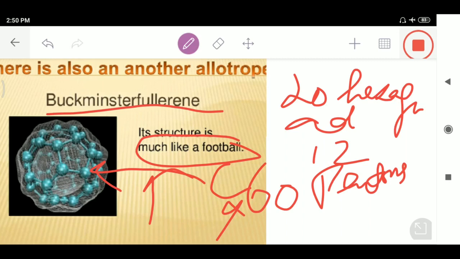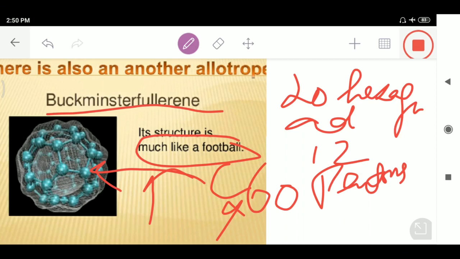Regarding the structure, I told you one more point, that this Buckminster Fullerene is also called Bucky balls. This allotrope is named after the American architect Buckminster Fuller, because its structure resembled the framework of the dome-shaped halls designed by him for large international exhibitions.